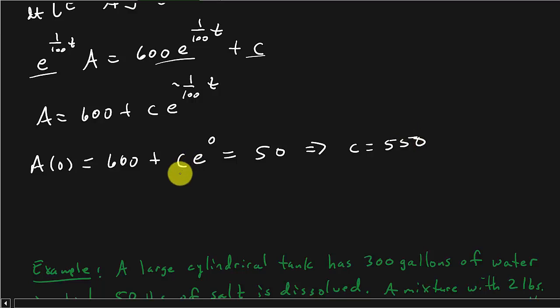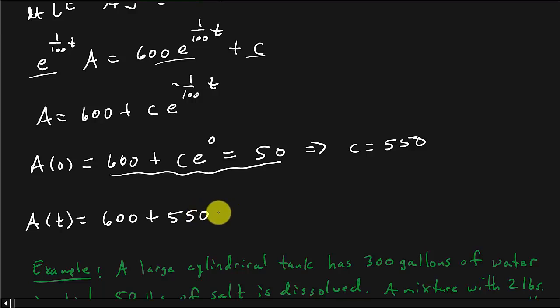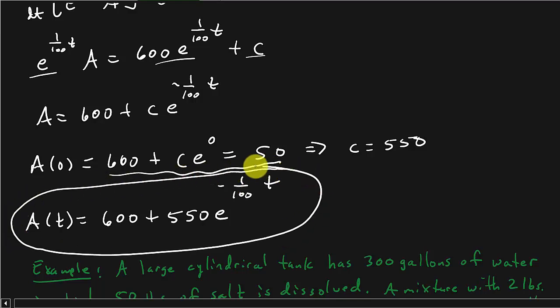And so this right here tells me that c is equal to negative 550, if we solve this equation for c. So I get A of t is equal to 600 minus 550 e to the negative 1 over 100 t. Let me write that 100 better. All right, and there's your answer.